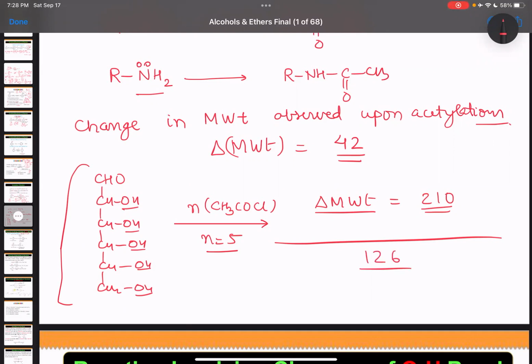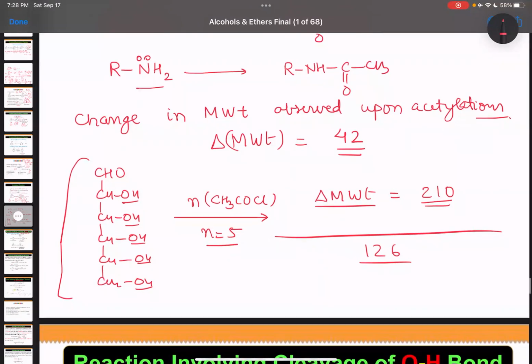They will ask the number of OH groups, or they will write the structures and ask which structure is expected. So what you can do is divide the change in molecular weight by 42. Okay. So you will get 3. And from that you can make out there will be 3 OH groups. Is it clear?